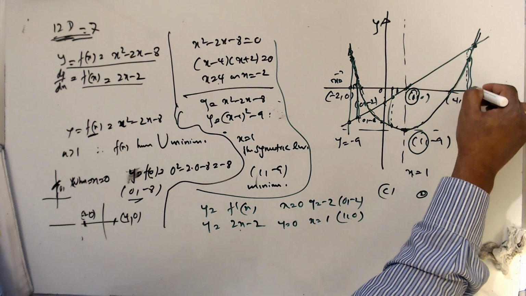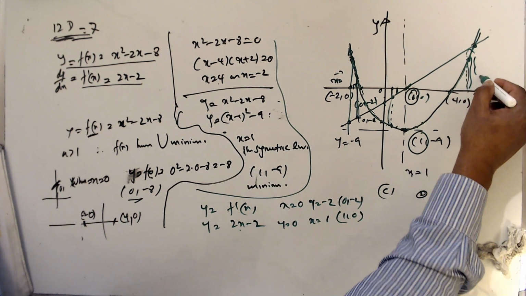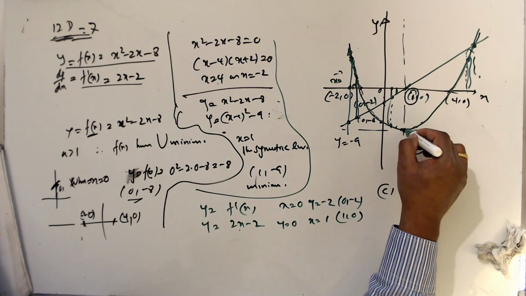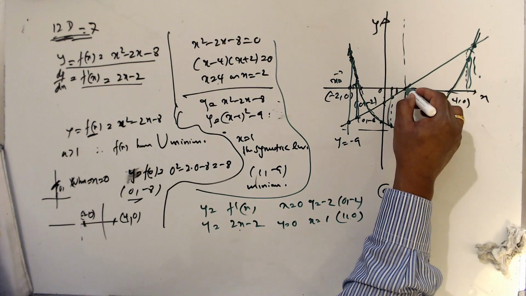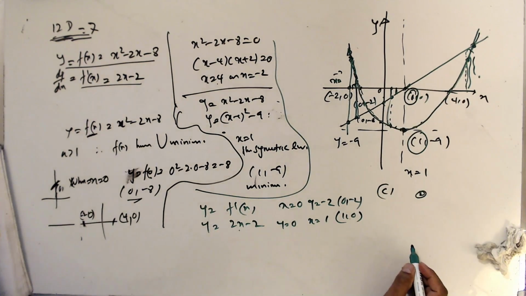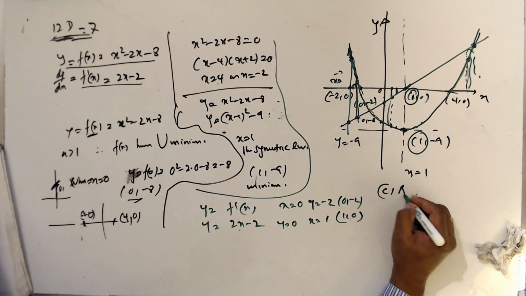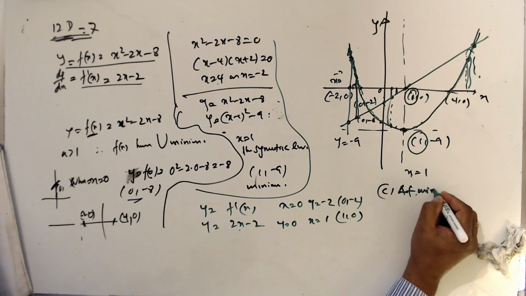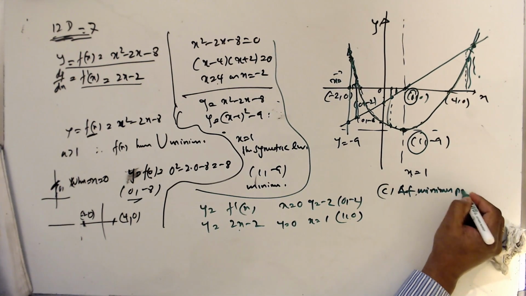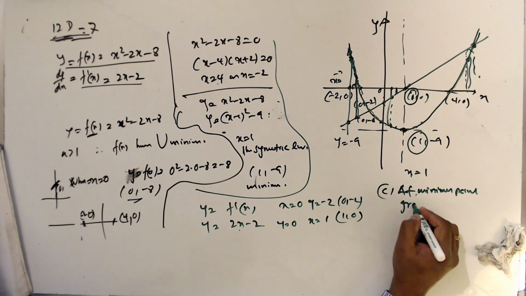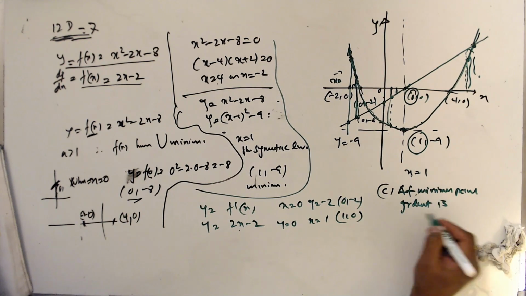So this is height. Likewise, at this point there is no height, so the gradient is 0. So the answer is: at the minimum point the gradient is 0.